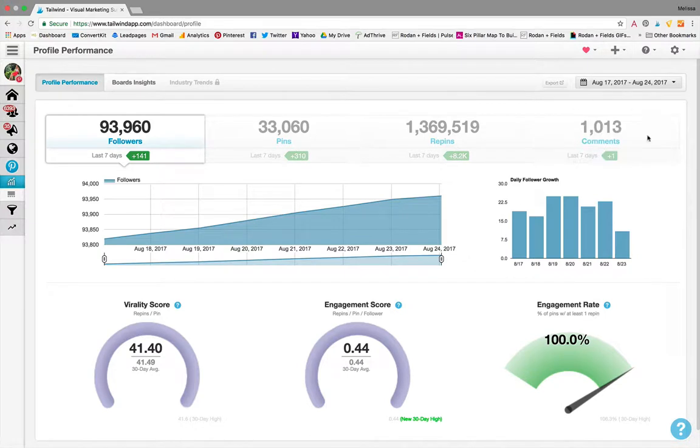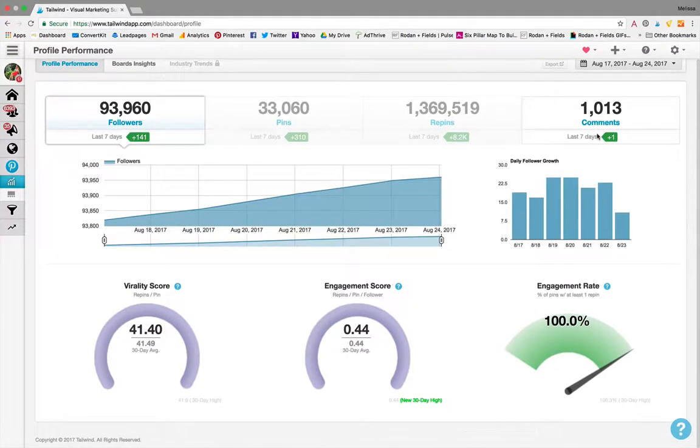I'm not totally concerned about comments. It's good for engagement, but it's not anywhere near my priority. Now, my virality score down here shows me the average number of repins I have per pin. And that's 41.4 right now. And if you look down here very closely, it says 41.6 was the highest in the last 30 days. So I'm right around there.